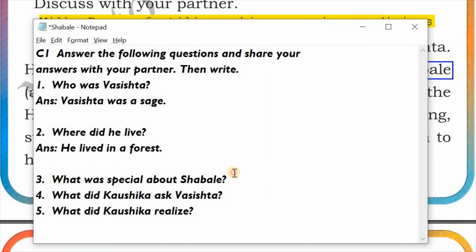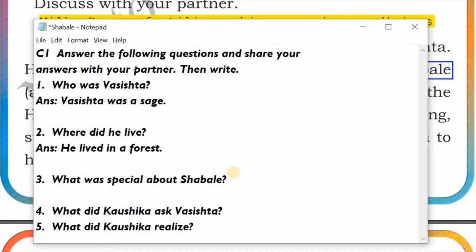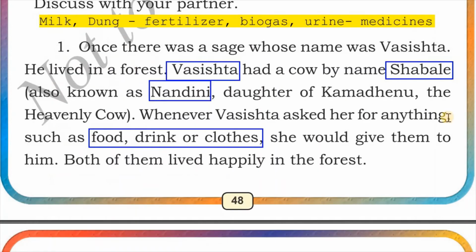Next question, what was special about Shabale? We have the answer here. Whenever Vasishta asked for anything such as food, drink or clothes, she would give them to him.